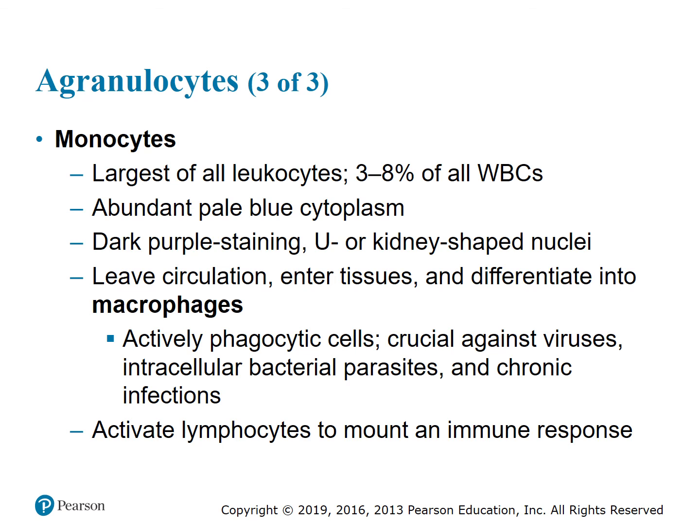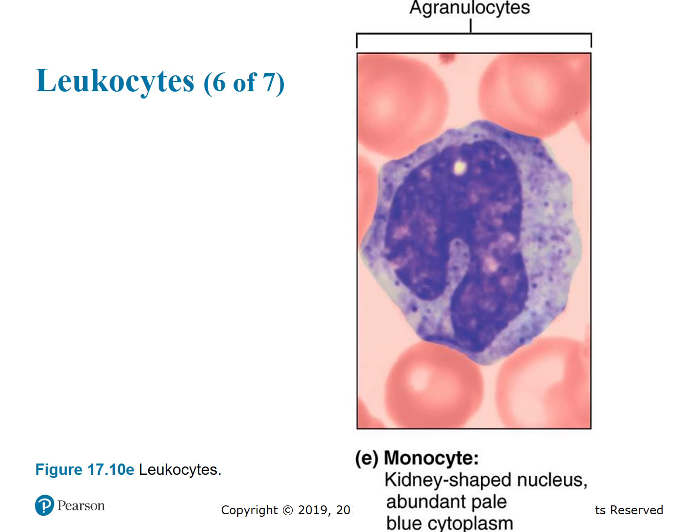Macrophages means big eaters, which are actively phagocytic cells, crucial against viruses, intracellular bacterial parasites, and chronic infections. And they activate lymphocytes to mount an immune response. Here is an image, figure E, of a monocyte with the kidney-shaped nucleus and abundant pale blue cytoplasm.